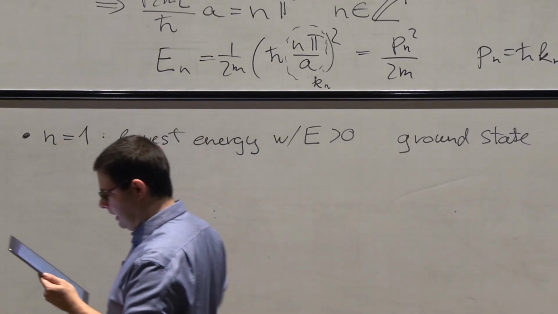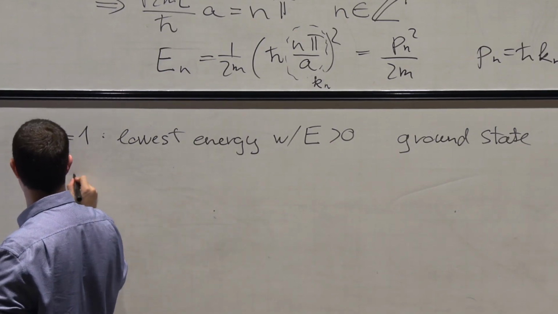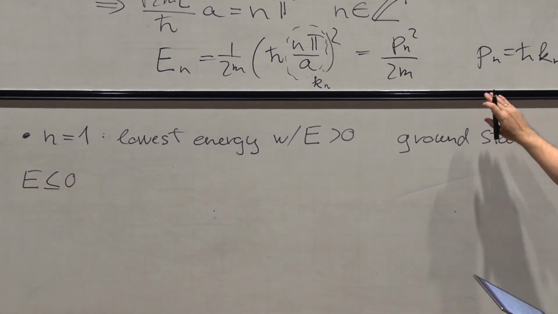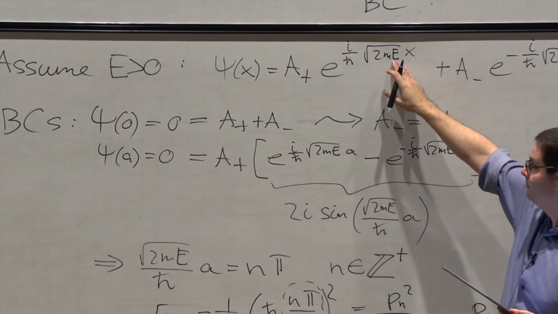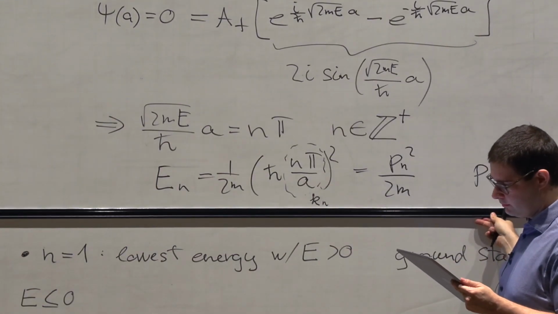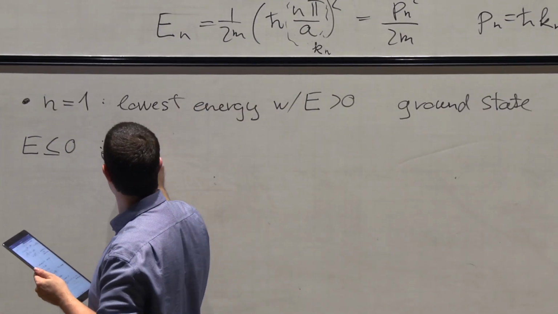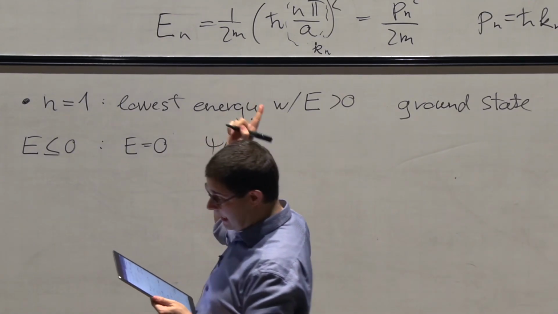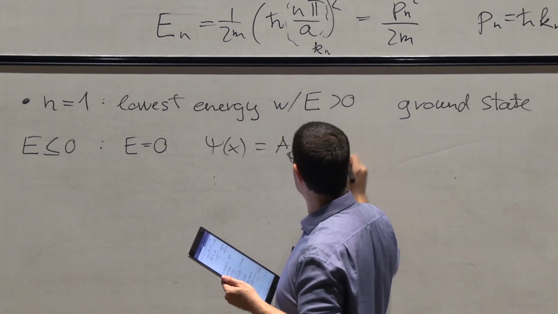Okay, I jumped a little bit ahead, so we didn't really consider seriously E smaller than or equal to 0 yet, although this formula can also be used for negative E. But in more detail, for E equals 0, the solution of the equation, so it's just psi double prime is 0, so that's a linear function, A plus Bx.